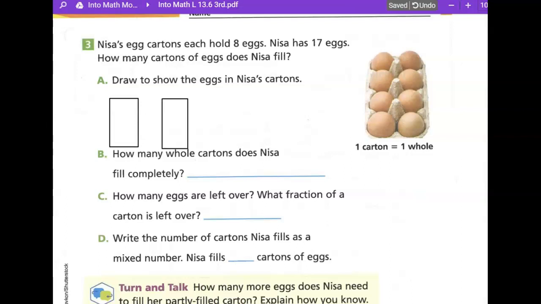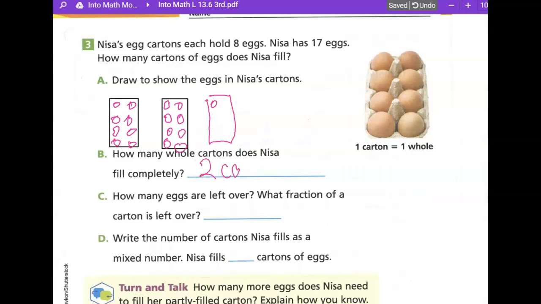She has 17 eggs, and she can put 8 eggs in each. 1, 2, 3, 4, 5, 6, 7, 8, 9, 10, 11, 12, 13, 14, 15, 16, and then she's going to have 1 more egg carton with 1 egg in it.